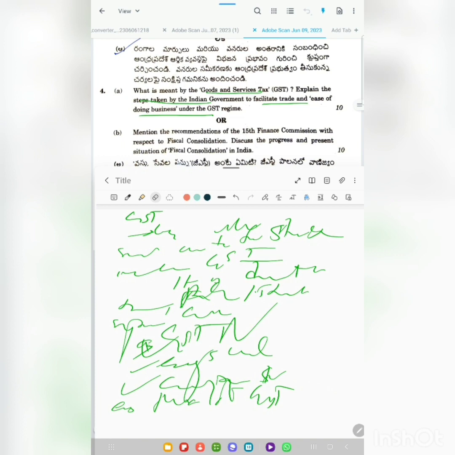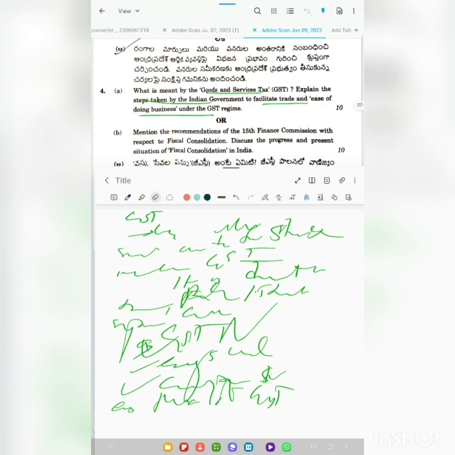Next, predictability in the taxation system, because you have only 4 tax slabs, right? You will be having 5%, 12%, 18% and 28% taxations. So 0, 5, 12 and 18% taxation in goods and services tax.